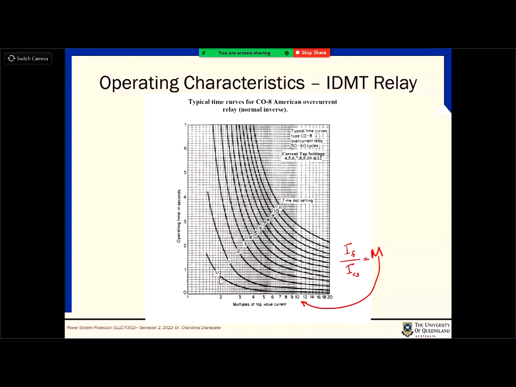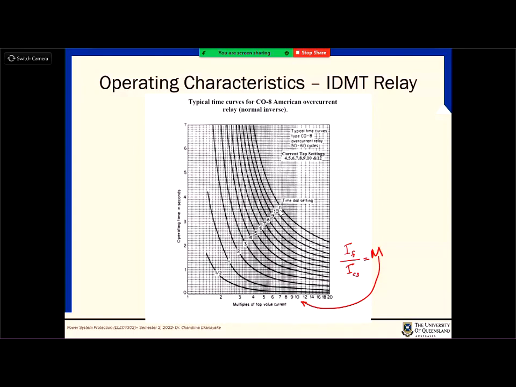Because this is called the time setting: half, 1, 2, 3, 4, 5, 6, like that. So what the time setting does is change the rotation of the disk, the travel distance of the disk.